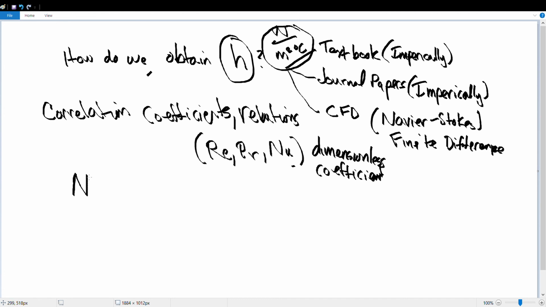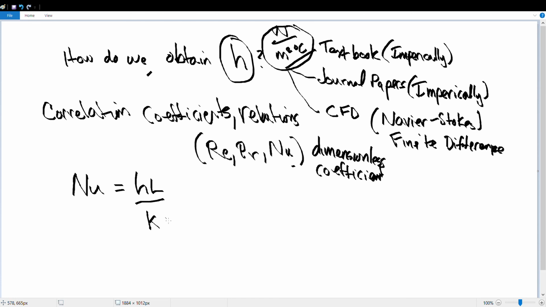Let's say the Nusselt number is equal to the heat transfer coefficient times the length of whatever we're trying to cool, divided by the material conductivity.